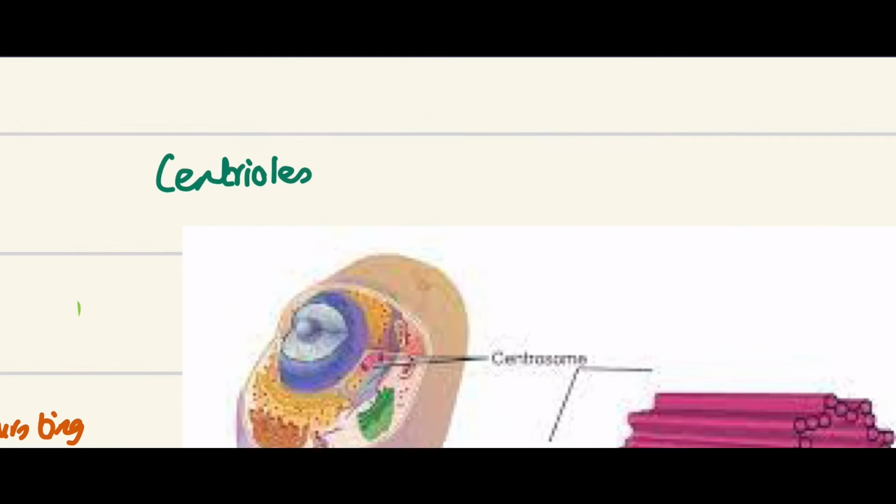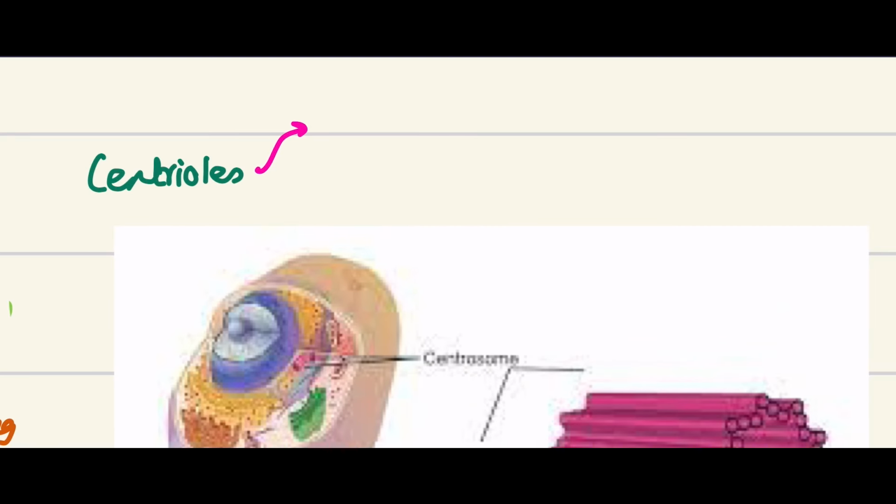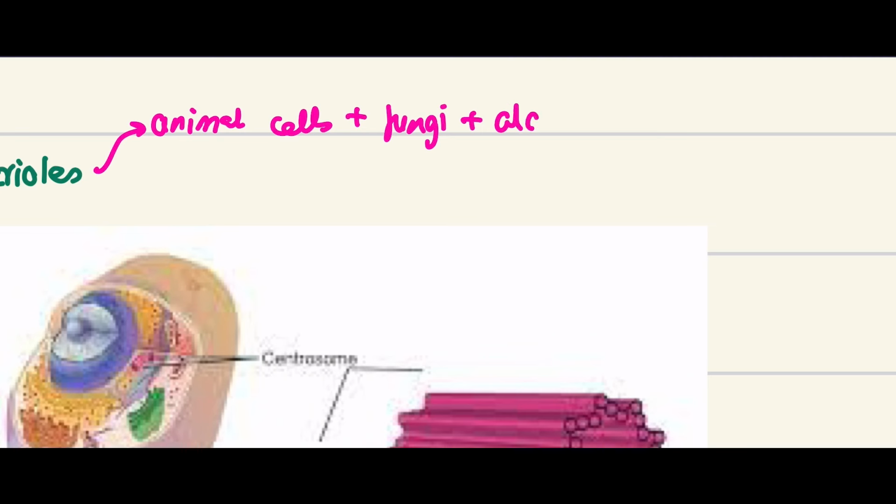Okay guys, so centrioles, they're pretty similar. They have a bad reputation for being really confusing, but let's just do them quickly. They're present in almost all animal cells, plus some fungi, some algae, and they're not in plant cells of higher plants.